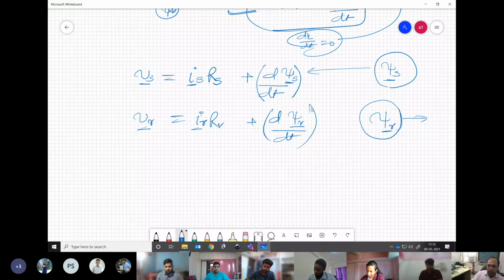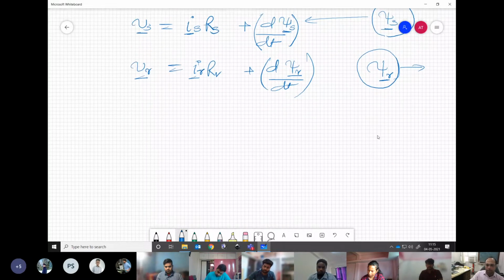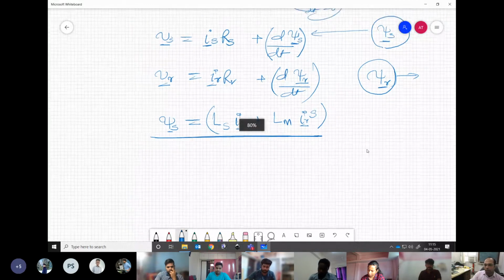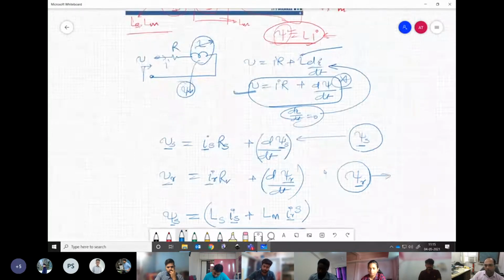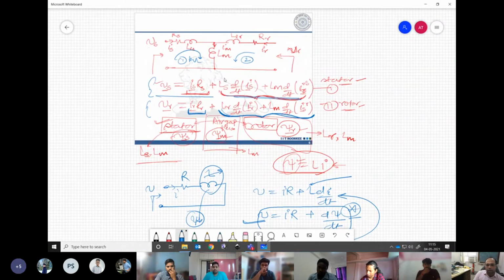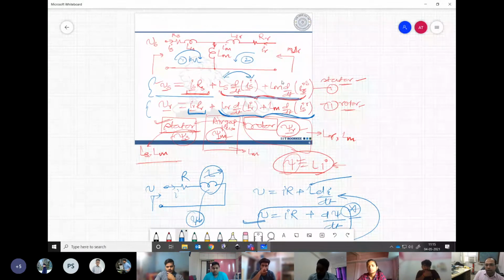So from here we can define our stator flux. What would our stator flux be? It can be written as a combination of these two terms. This is what we see from our voltage equation also. If I go back and show that, you see here this is Ls dis dt and Lm dir dt.